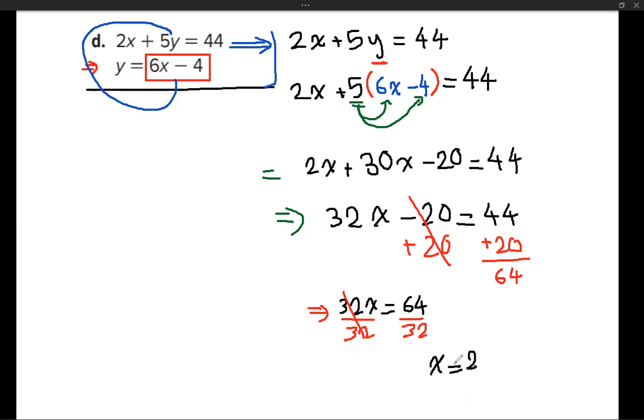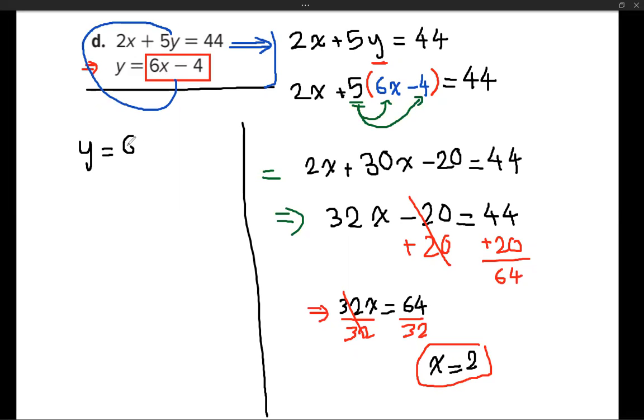This is the value for whom? For x. We can take this value for x and substitute it in the second equation to get the value for y. How can we know the value for y now? Because we know the value for x, we can just go to the second equation, which gives us the value for y: y equals 6 times x minus 4.